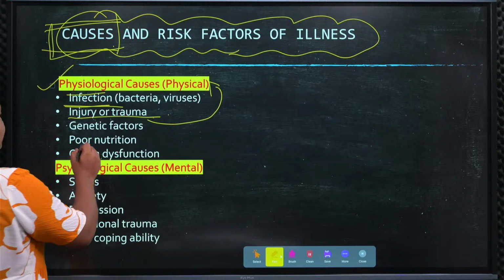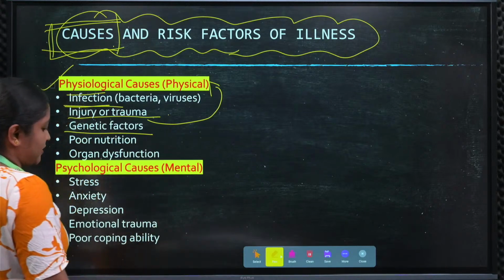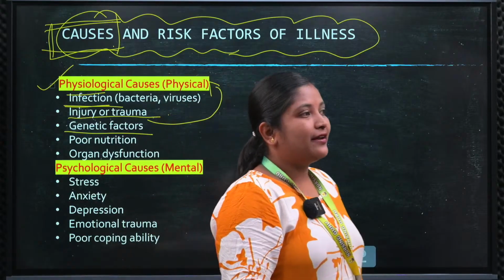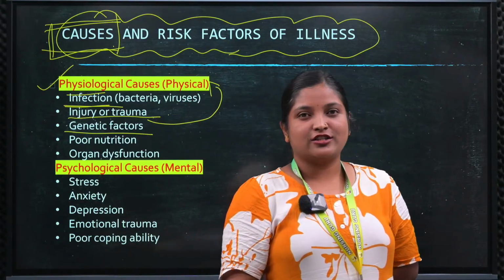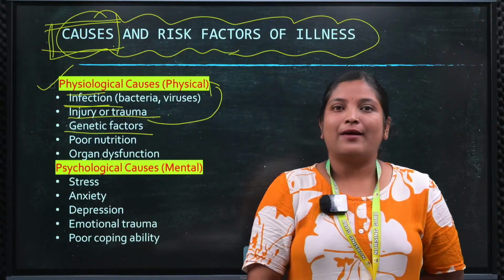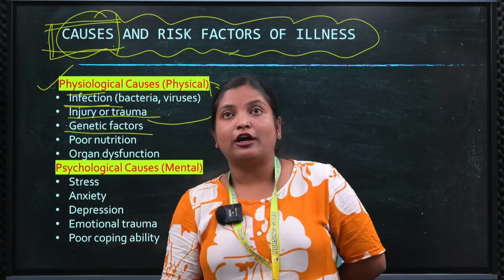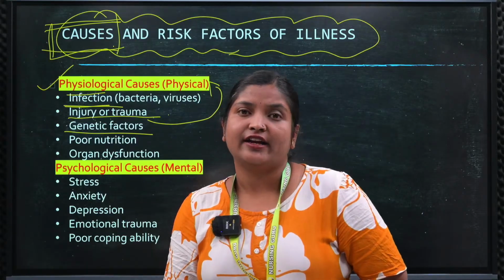Okay, the next one is genetic factors. Sometimes mutating genes, or due to consanguineous marriage, there may be a chance of giving birth to mentally retarded children.